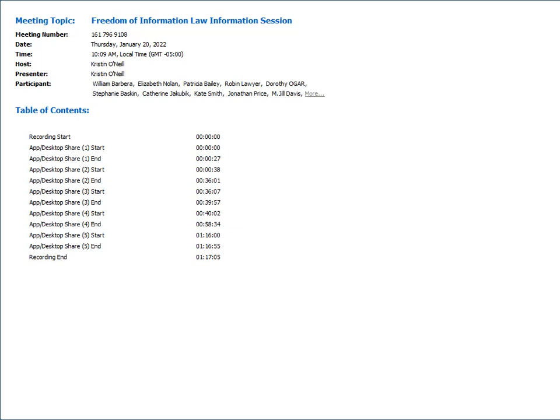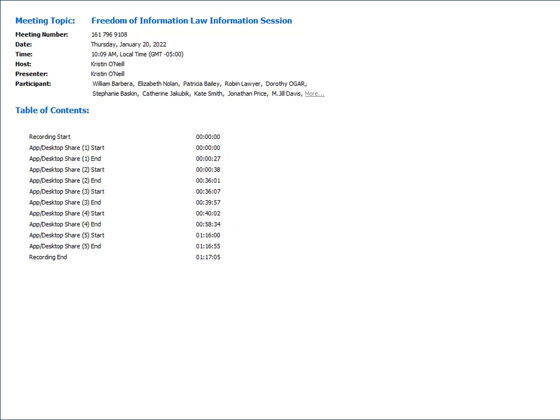Someone asked if the FOIL law changes between denial of access and submission of appeal, which version applies to the appeal? I don't understand the question, I think. But sometimes when the appeal officer reviews the initial determination, they may have a different reason for denying access, and they're free to do that.